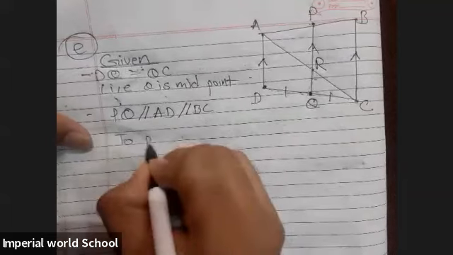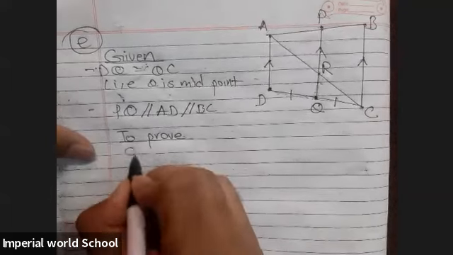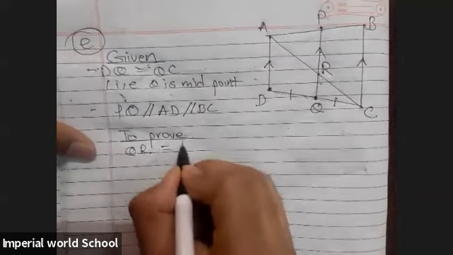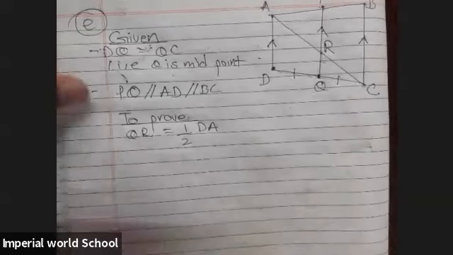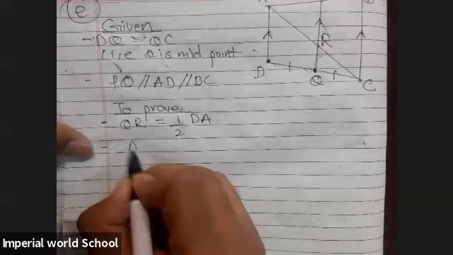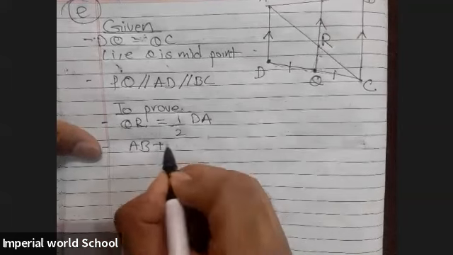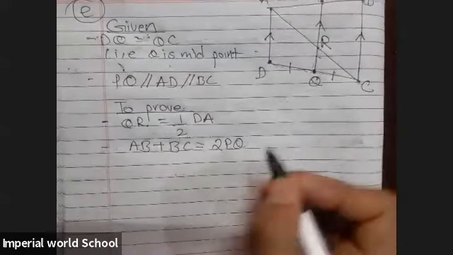To prove, two things we are going to do in this question. First prove QR is equal to half of DA, and second thing that you are going to prove is AD plus BC is equal to 2PQ.